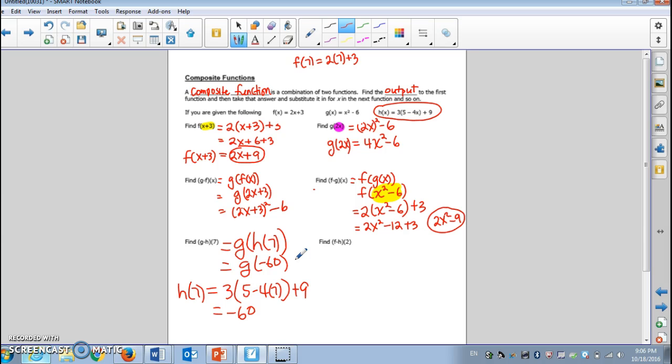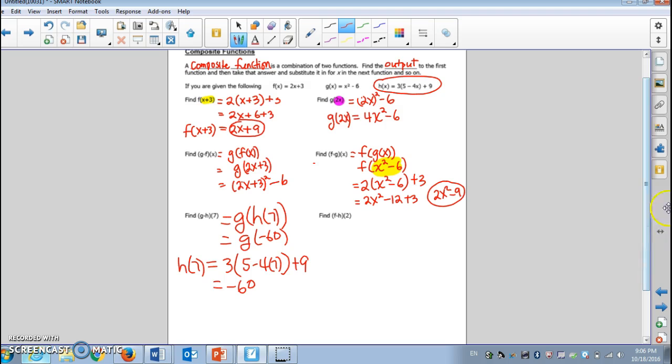Now, can we figure out g of negative 60? Okay, we certainly can. So g of negative 60 is what? Okay, so x squared minus 6, we just replace with negative 60 squared minus 6.